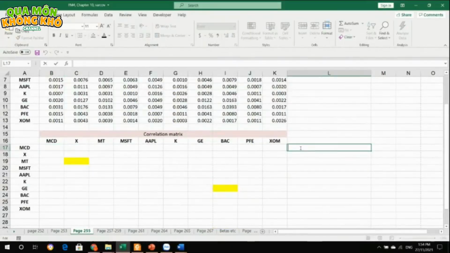Yes, just use a random cell to write down the formula.